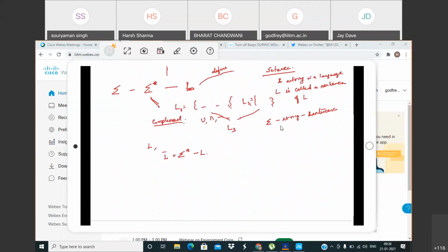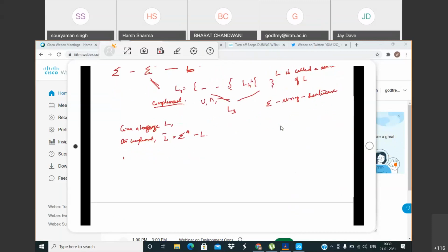Given a language L, the complement L bar is obtained in this fashion. The reverse of a language, L power R, is obtained in this fashion. The reverse of this language has all the strings of that language reversed.